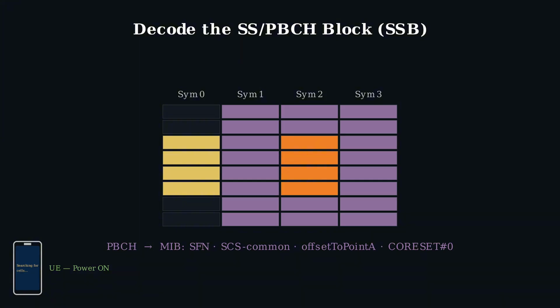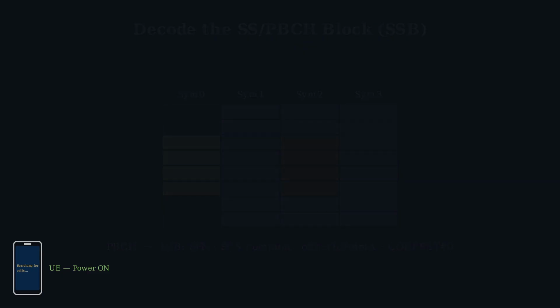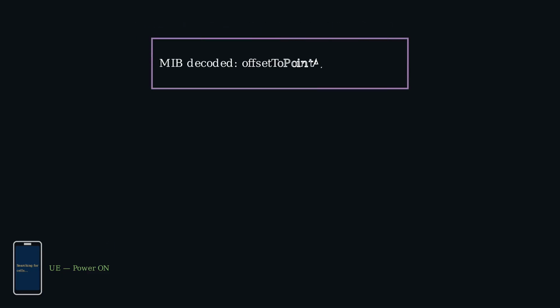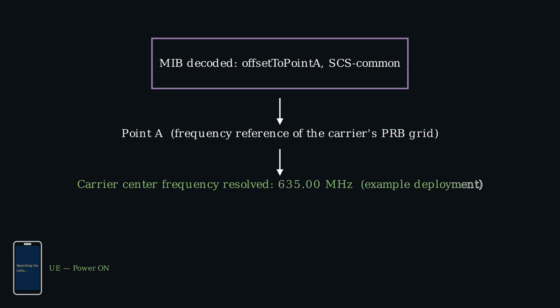Now, point A is the center of subcarrier 0 of common resource block 0. Given point A, it is possible to find the offset to carrier and the channel bandwidth. Thus, the offset is the key. It tells the UE exactly how far the SSB sits from point A. Point A is the frequency reference for the carrier's actual resource block grid.